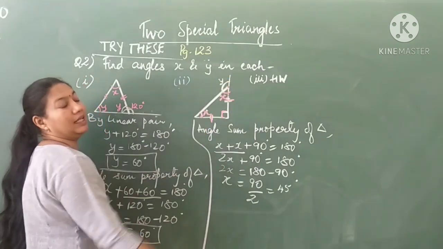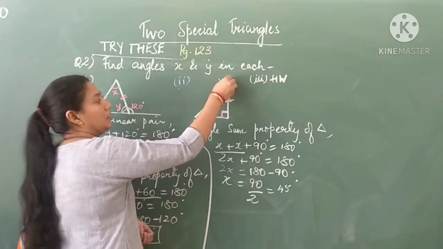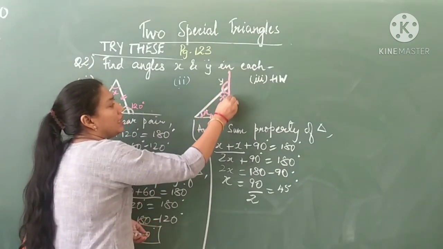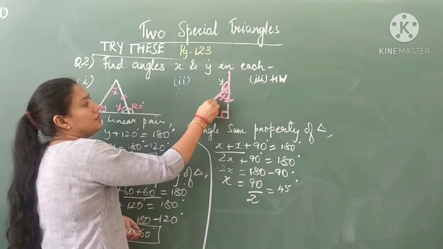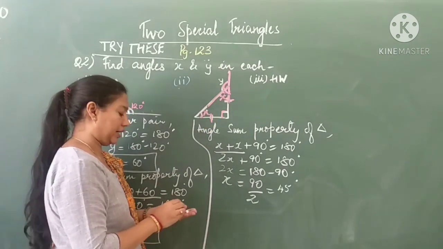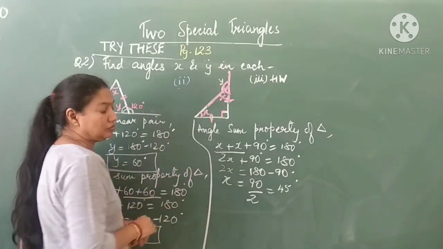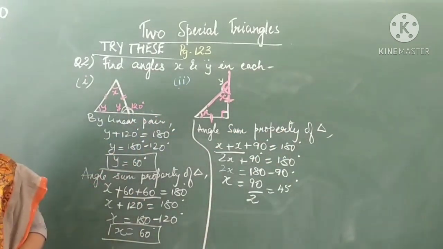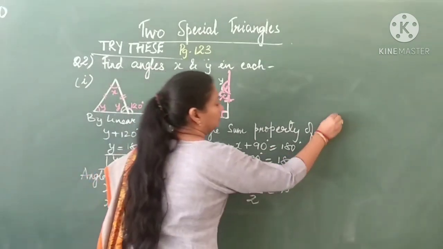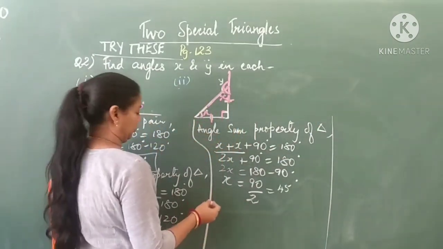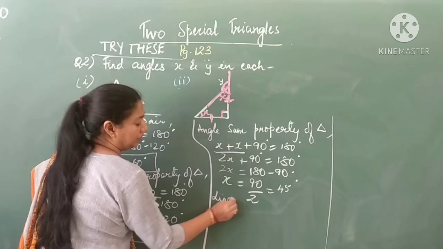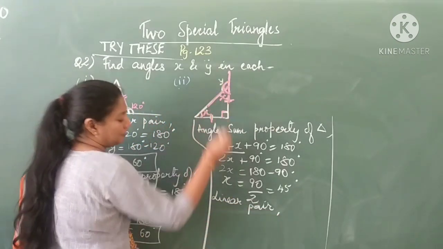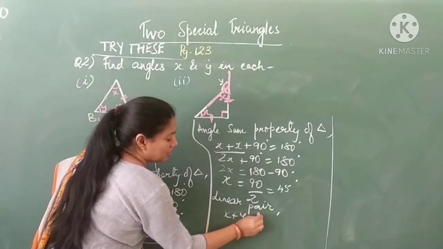We can find y. How? Again by linear pair. You can see that this is forming a linear pair. This is a straight line and two angles with one arm are called a linear pair. So, by linear pair, we can write x plus y must be equal to 180.